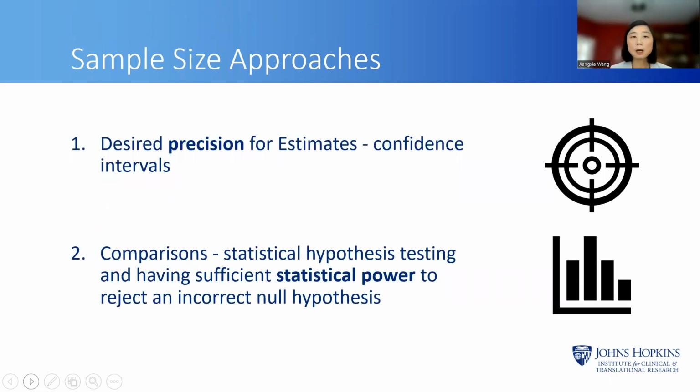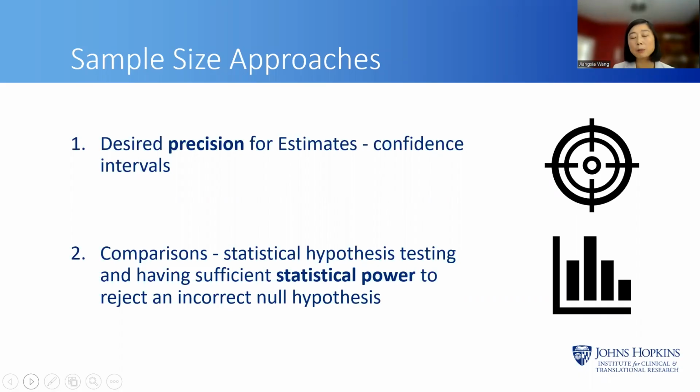Generally speaking, there are two sample size approaches. One is to calculate the desired precision for an estimate. That is the confidence interval. So from the study, we would know what the mean would most likely be for the population. This is one type of approach.